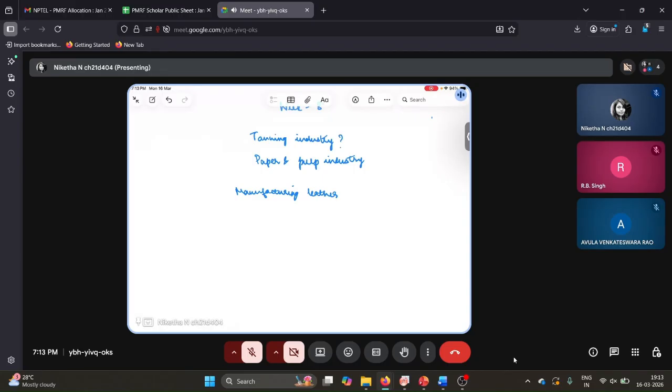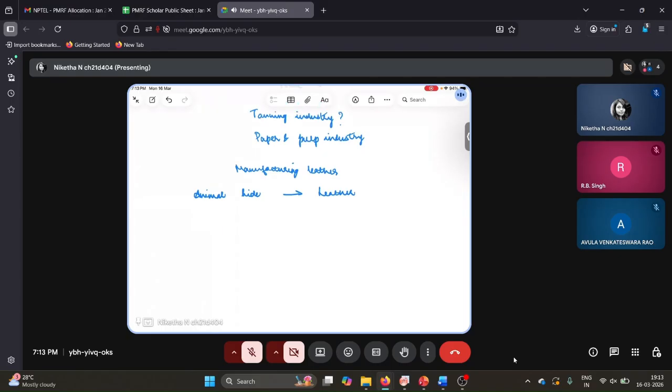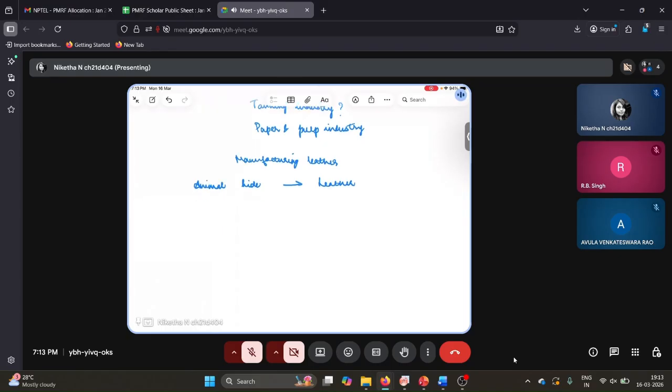So the tanning industry transforms animal hide into leather. Leather is the final product, and leather is highly stable. Raw animal hide is prone to rapid biodegradation, so the advantage of this process is that we get something stable instead of raw hide, which degrades quickly.